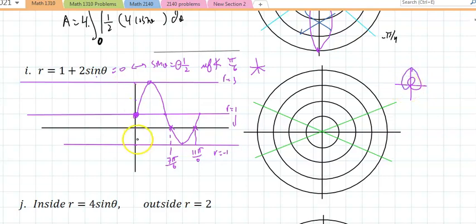Well, at 0 I am at 1. This increases. By the time I hit pi over 2, I am at 3. There's pi over 2, 1, 2, 3.